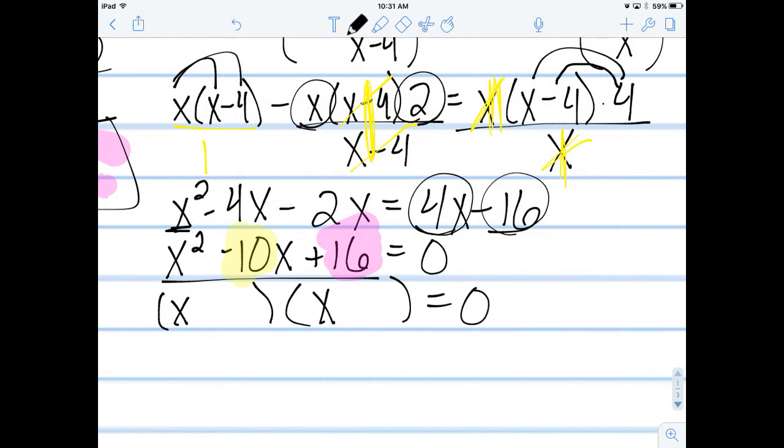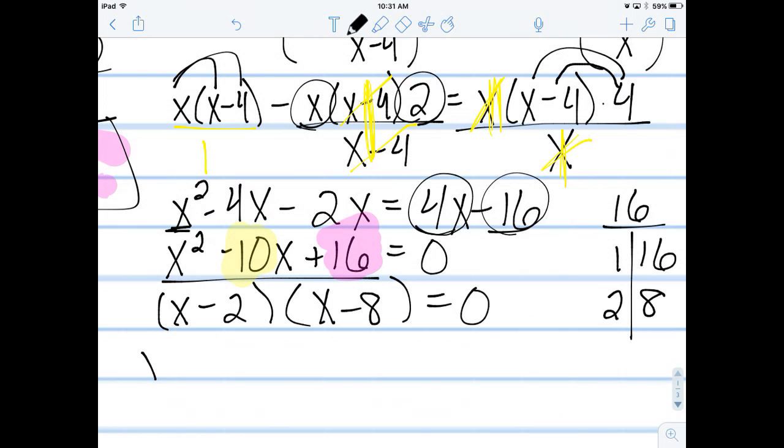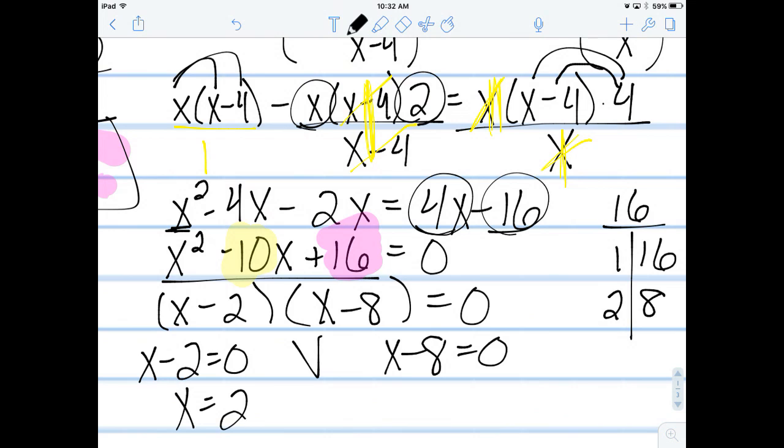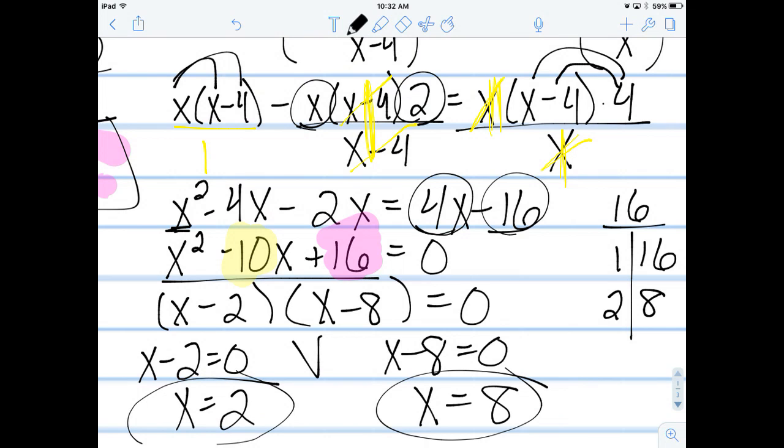All right, so let's see. 16, let's go. 16 over here, we've got 1 and 16. Nope, 2 and 8. That'll work, both negative. So x minus 2 equals 0, or x minus 8 equals 0, x equals 2, or x equals 8. So there's actually two numbers that will work in this situation, 2 and 8.